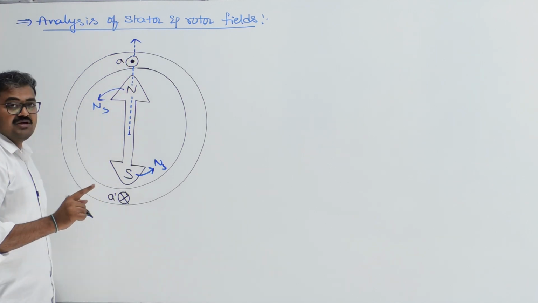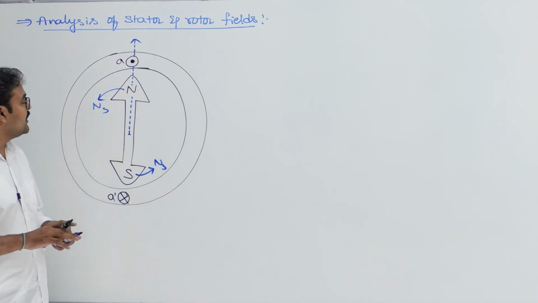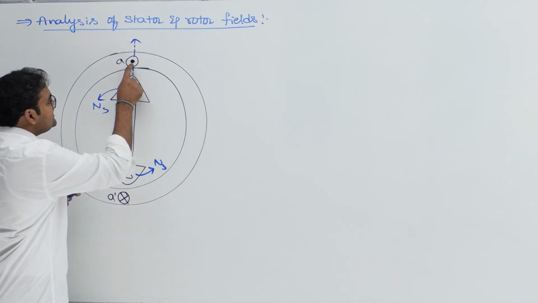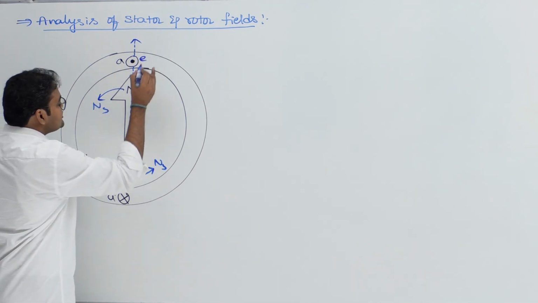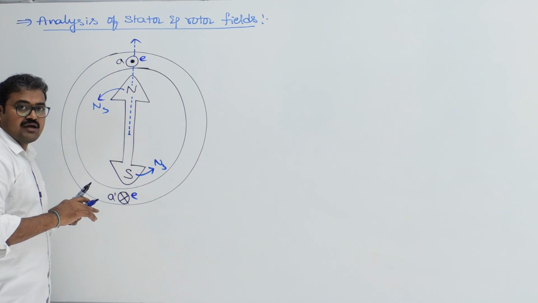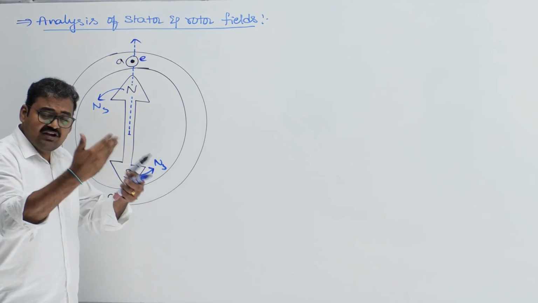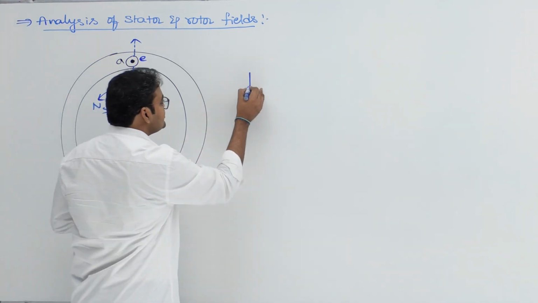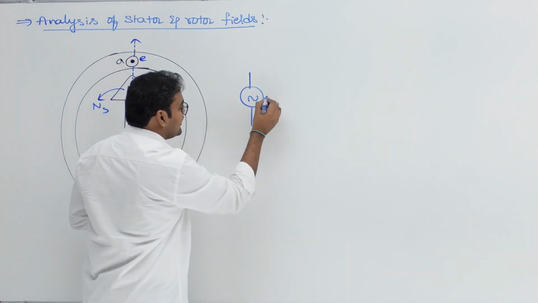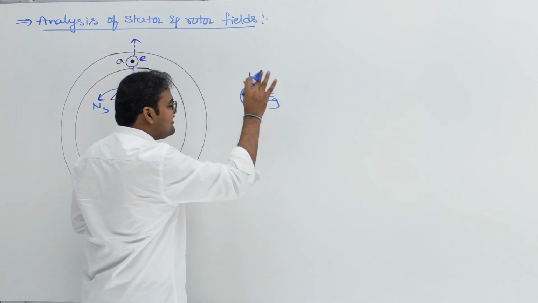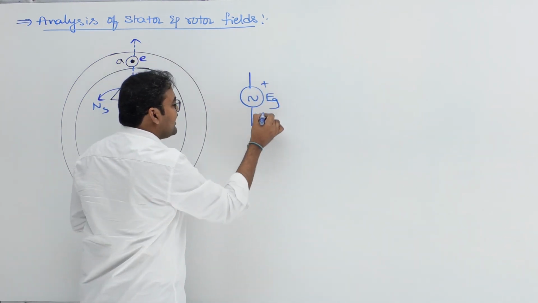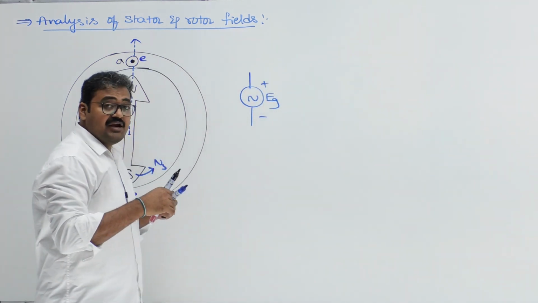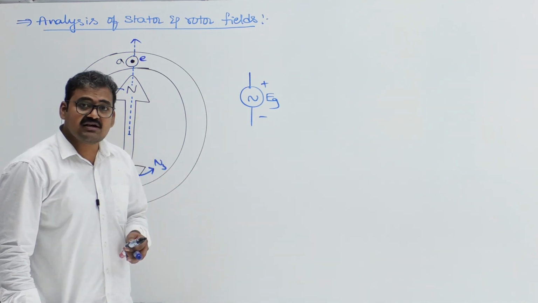These conductors are nothing but armature conductors. Now tell me, whenever EMF is induced in armature conductors, immediately current will be generated in case a load is connected. Assume I have an alternator here. EMF is generated. The moment EMF is generated, immediately current will generate, or is a load compulsory?